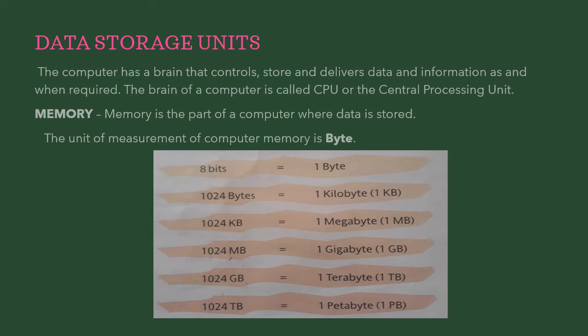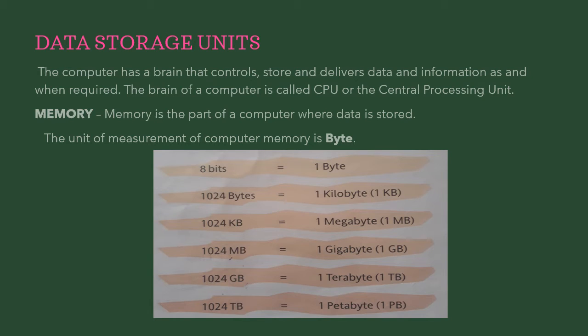So that's why the brain of the computer is called CPU. Why is it called the brain of the computer? Because all the work performed by the computer is done in the CPU only. CPU means central processing unit. That is why it is called the brain of the computer.